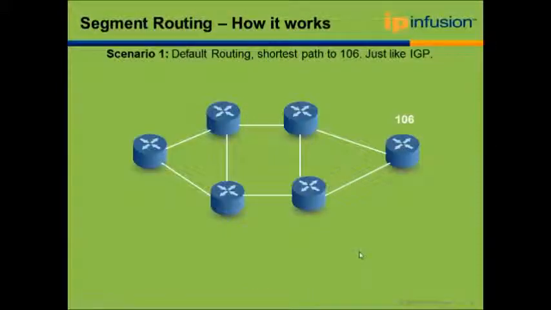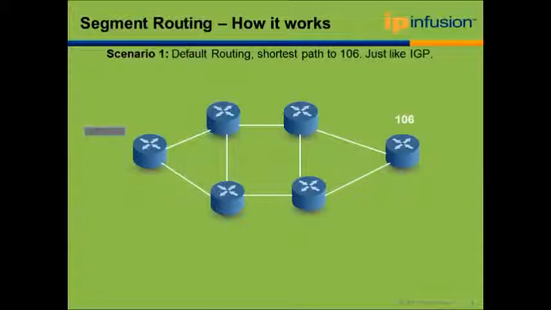So let's see how segment routing works. This is a very basic scenario in which we will achieve just default routing using the shortest path. The packet needs to be routed to the node 106. To achieve this, we assign a node segment 106 to the node, and that information is distributed to all the other nodes. When the packet comes to the ingress node, the ingress node injects a label corresponding to the prefix segment 106 into the packet.